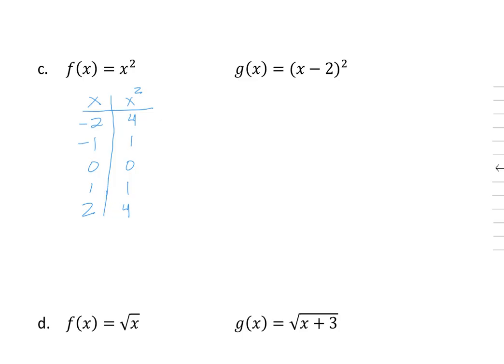Now, what we have here is subtracting and adding inside our function, which means that it's affecting the x values. So what I want to know is what we're going to do with changing our x.